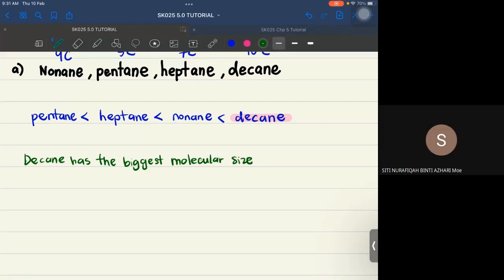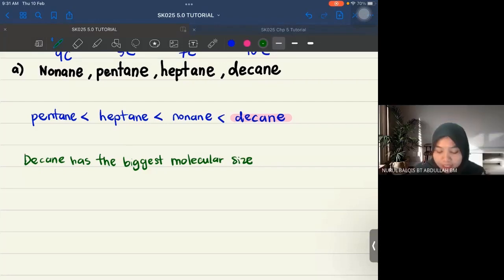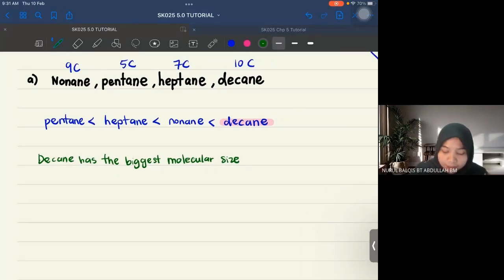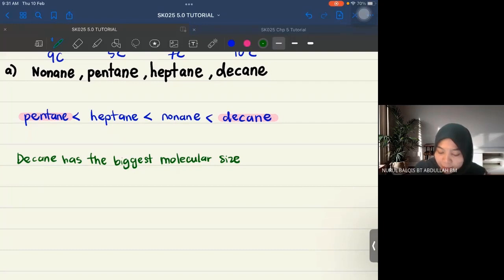Bigger molecular size has larger surface area. Okay, sebelum kita cakap tu, baik kita cakap tu sebab diorang ni benda yang sama kan? Decane, kita bercakap perbezaan antara diorang dulu. Decane has the biggest molecular size. Hence, it has, sekejap saya ubah layar awak sikit.